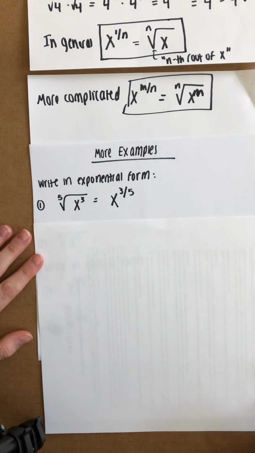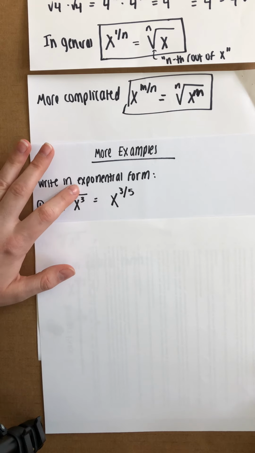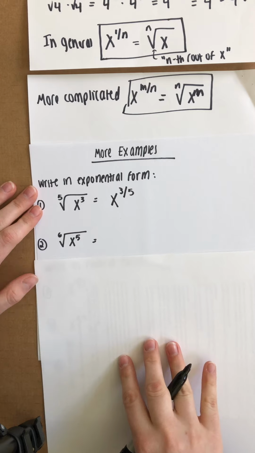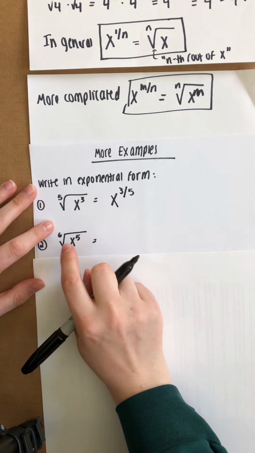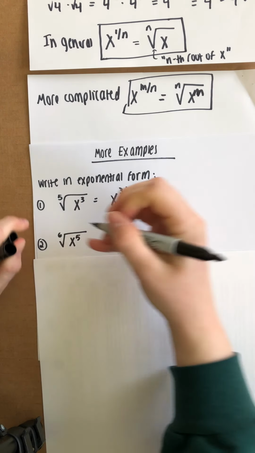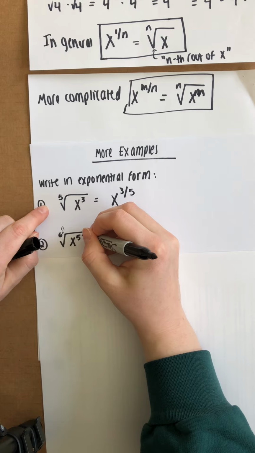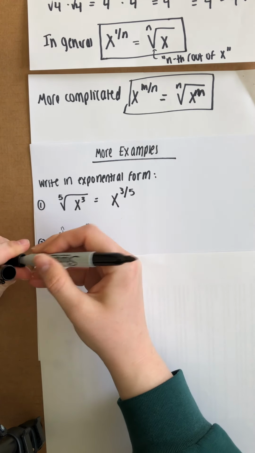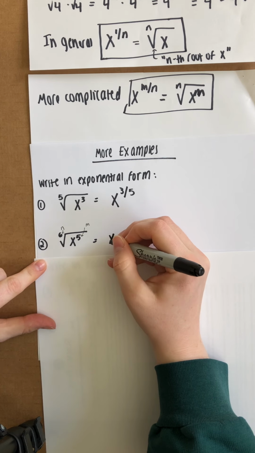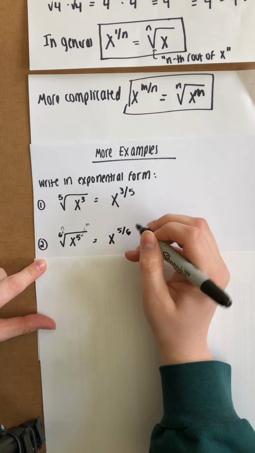So if you ever have a radical and you're trying to write it in exponential form, you would just work backwards using that rule. So another one like this, we have 6 is our n value. So we can say that 6 is the n, that 5 is the m. And we would write that as x to the power of 5 over 6.